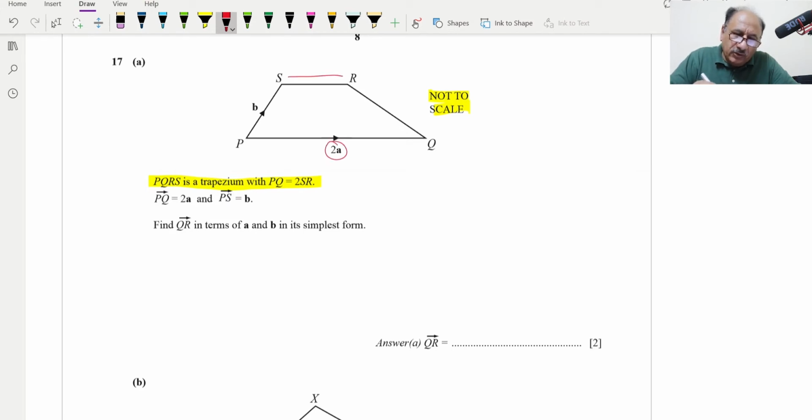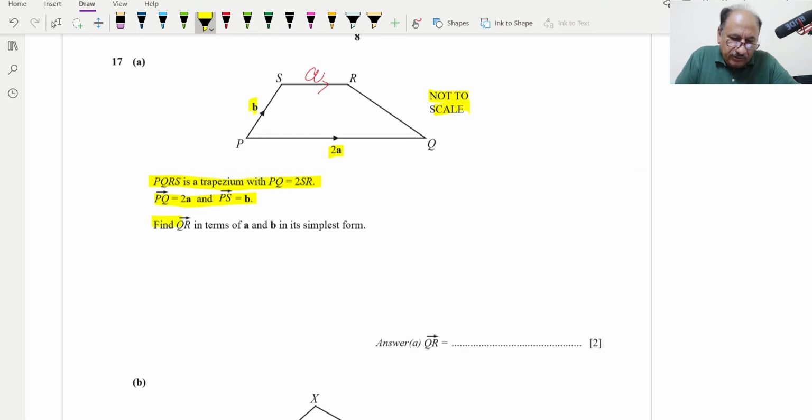So half of 2A will be A. So we can say this is A, and the direction of A will be this one because 2A is giving the same direction. Then PQ is equal to 2A, this is also provided, and PS is equal to B, this is also given.